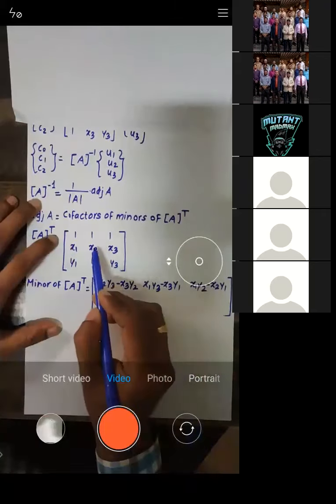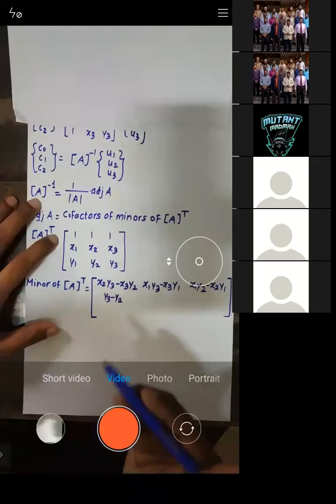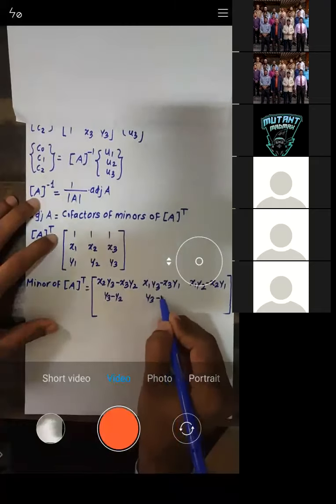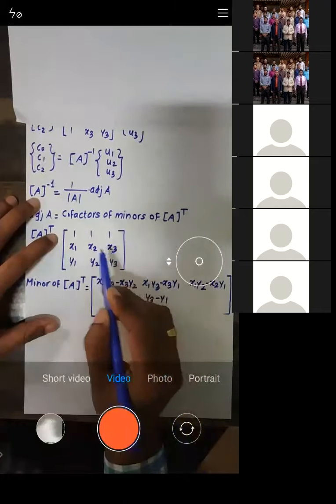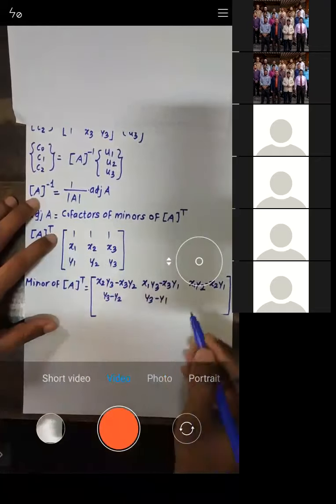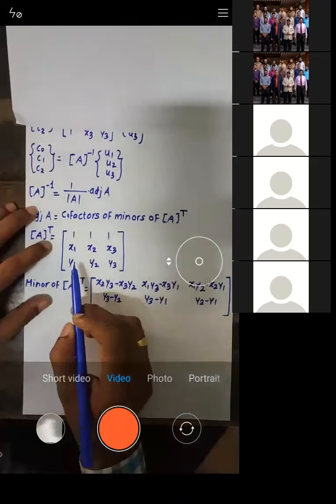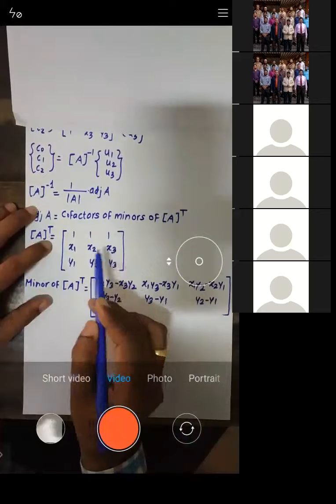For this element, this row, this column gets cancelled. Y3 minus y1. For this, this row, this column gets cancelled. Y2 minus y1. Next, go for this one. This row, this column gets cancelled. X3 minus x2.